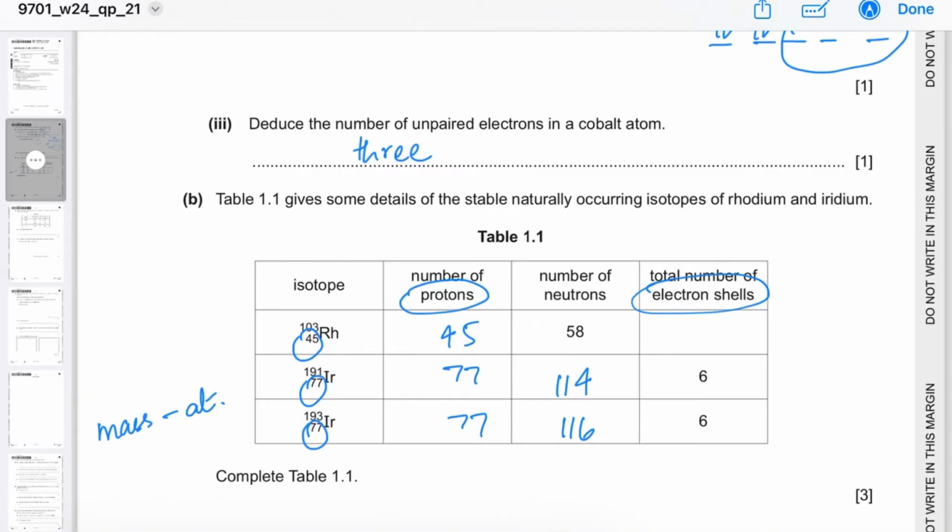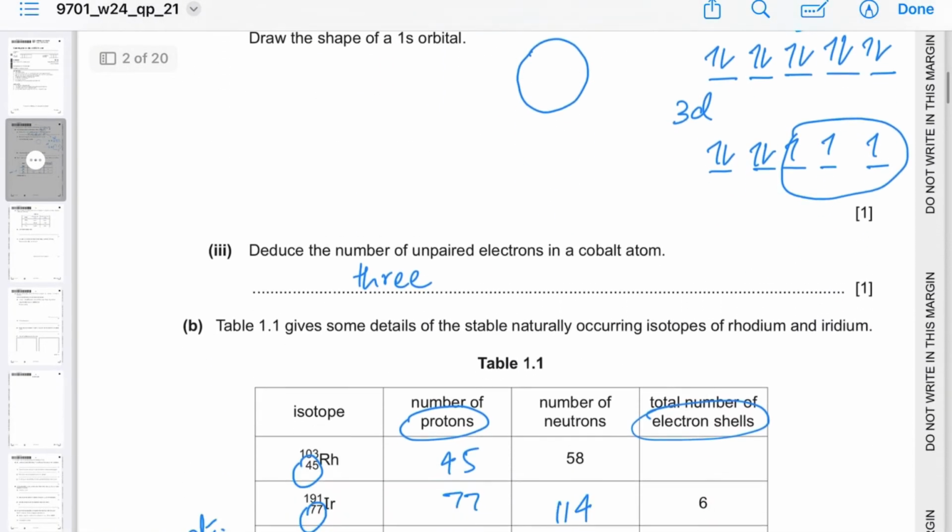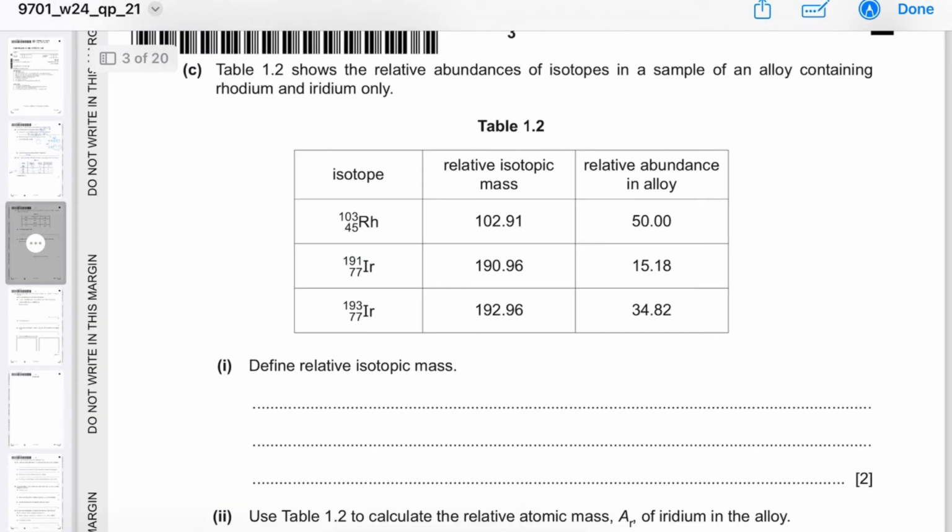As for the number of electron shells, the number of electron shells can be deduced by looking at the period in which the element lies inside the periodic table. Rhodium lies in period 5, so it's going to have 5 electron shells.